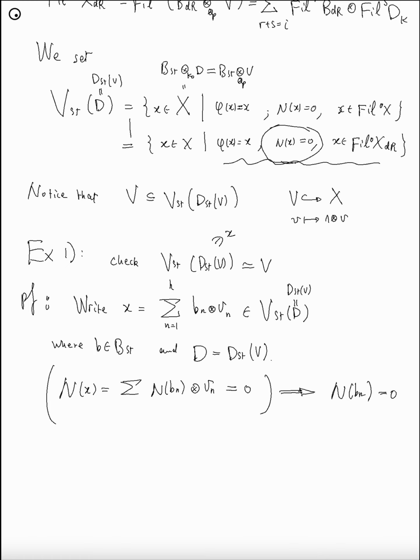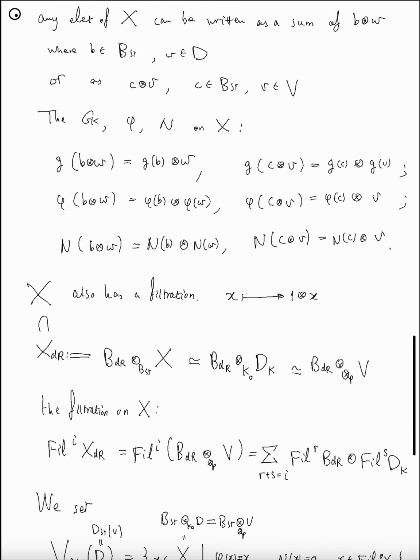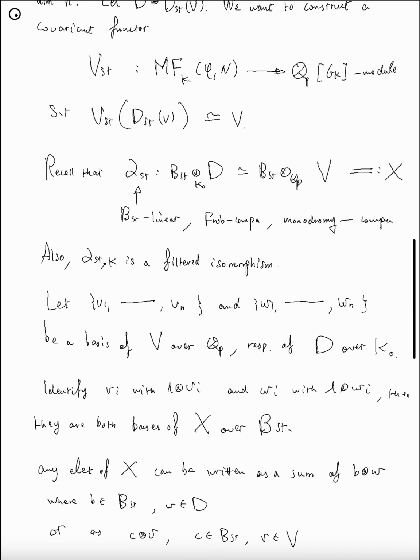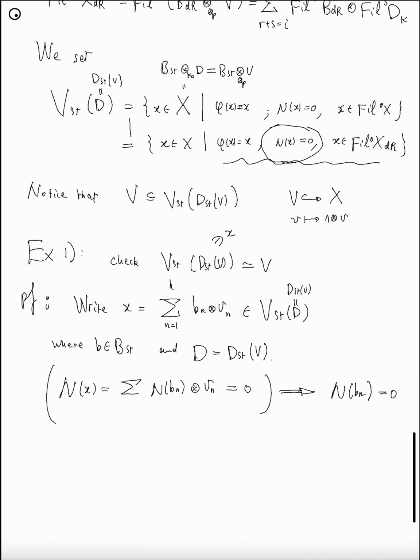Because 1 tensor v_n forms the basis. This is again our basis. A linear combination of basis equals 0, so all the coefficients are 0, and then this is telling us that this small b_n is in B_cris, because those killed by monodromy in B_ST are in B_cris.